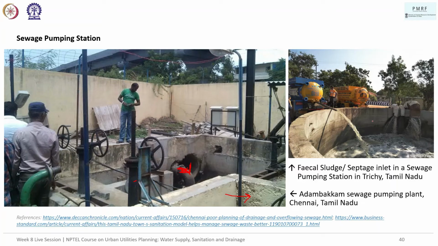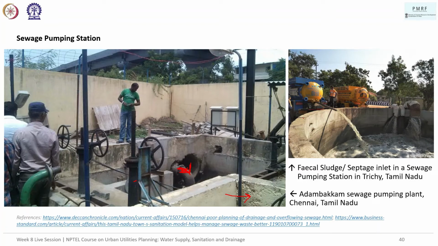And the water treatment plant might be very far away, and all of these problems are sort of nullified when you have fecal sludge added into the sewage right before pumping. So they have access within the city, they don't have to travel all the way to the STP, which saves time, fuel and other costs. This part is also pumped essentially into the sewage system.